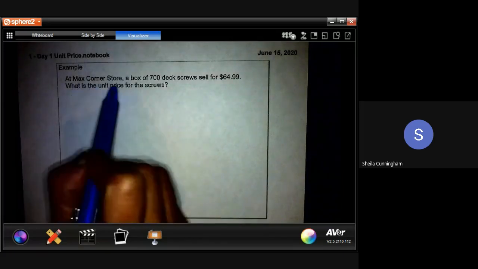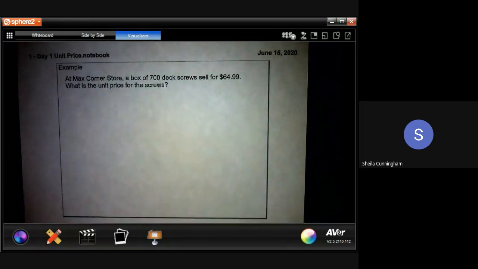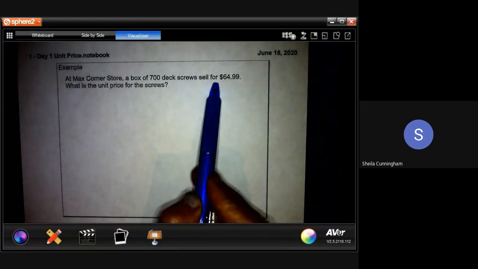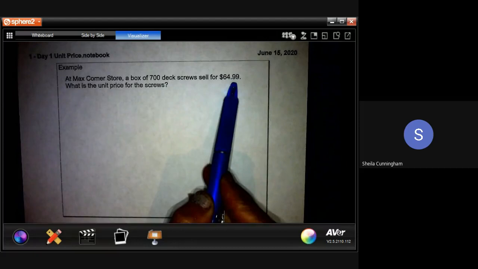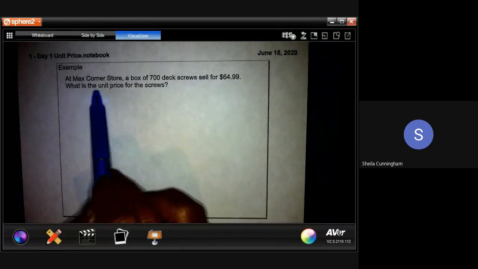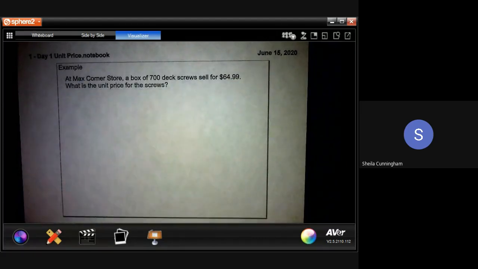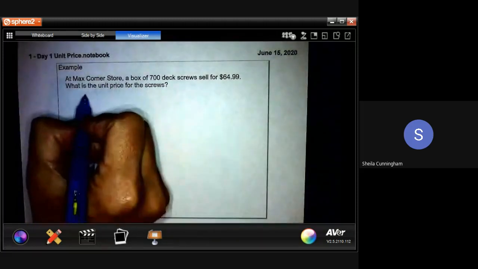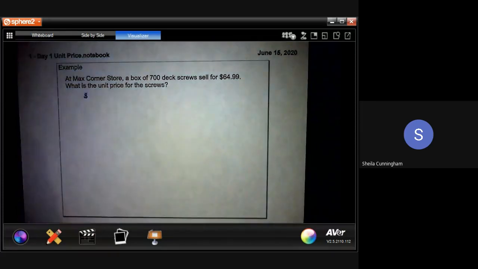So in this particular example, at Mac's Corner Store, a box of 700 deck screws sells for $64.99. We want to find the unit price for the screws. So we want to know what the cost would be for 1 single screw. In this instance, we're always going to put our dollar values on top because it's always cost per item, cost for 1.